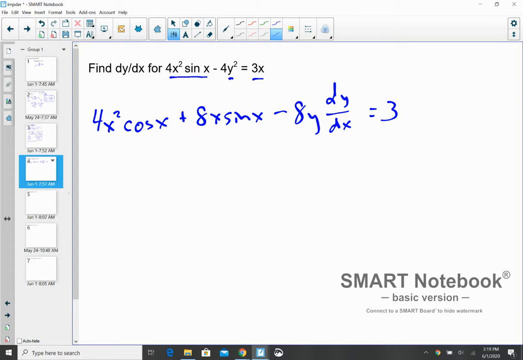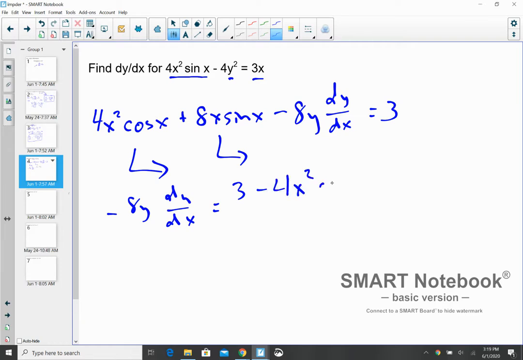And, okay, so this piece and that piece, they're going to move on over. So I have negative 8y dy/dx equals 3 minus 4x squared cosine x minus 8x sine x.